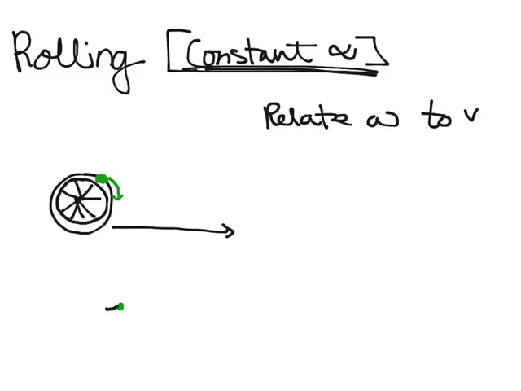And if my wheel is rolling without slipping, and I'm not a very good artist, you have to forgive me for that, then the distance that this thing has rolled between the time when the dot was up here and the dot gets to the ground is going to be the same as the blue distance that I'm drawing along the wheel.